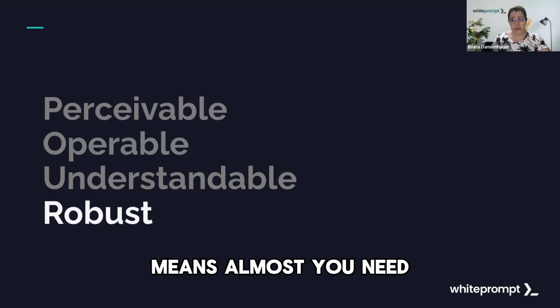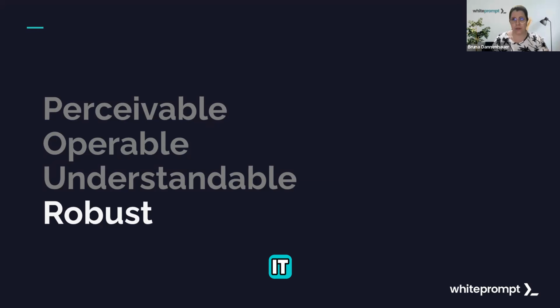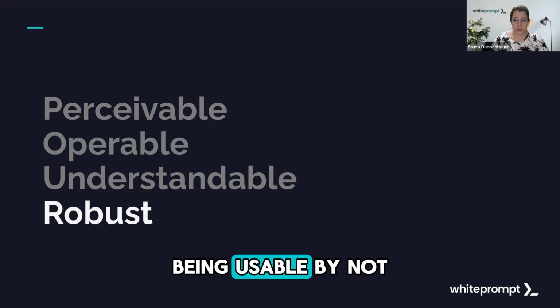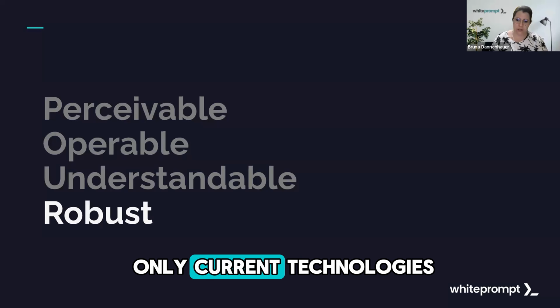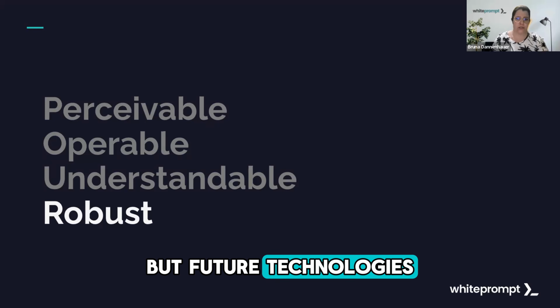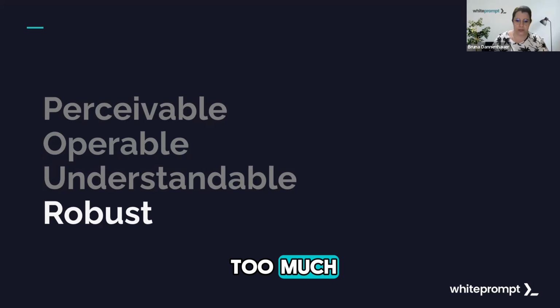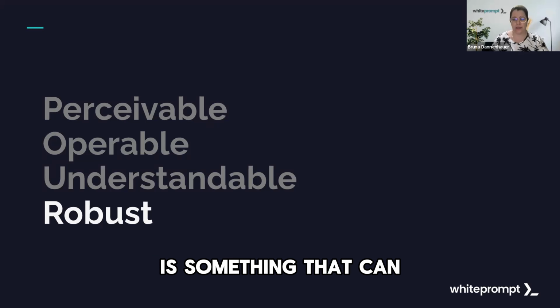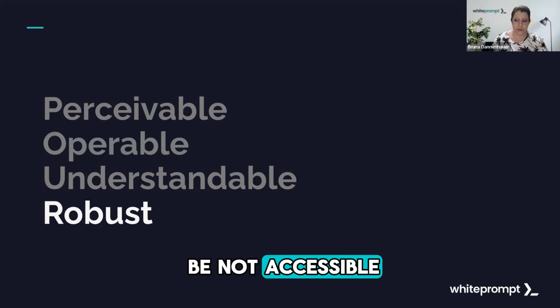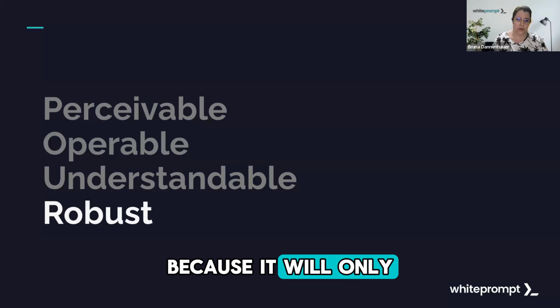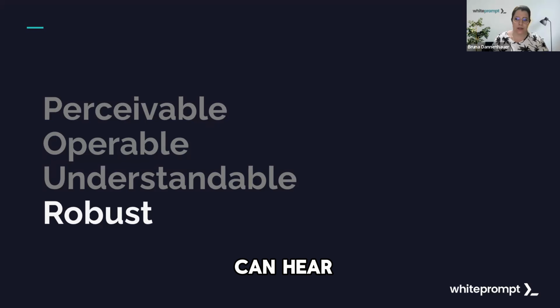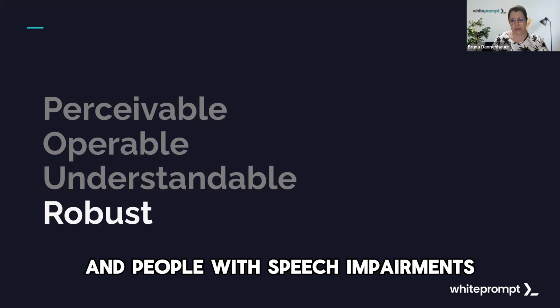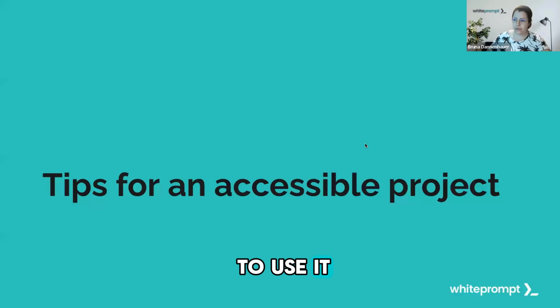It means you need to think about it being usable not only by current technologies but future technologies, so you can't close it up too much. Alexa, for example, can be not accessible because it will only rely on someone that can hear, and people with speech impairments might not be able to use it.